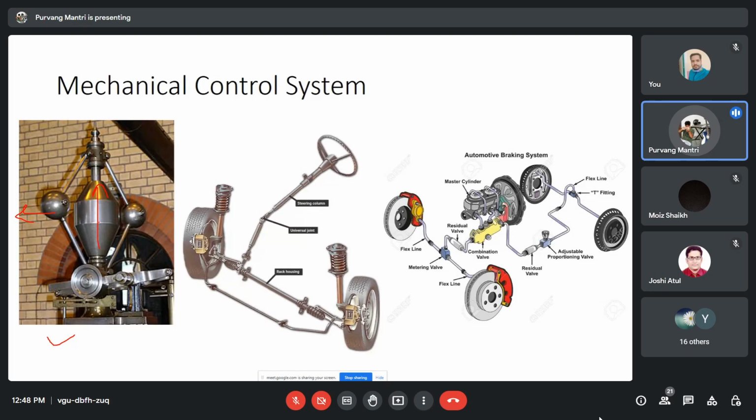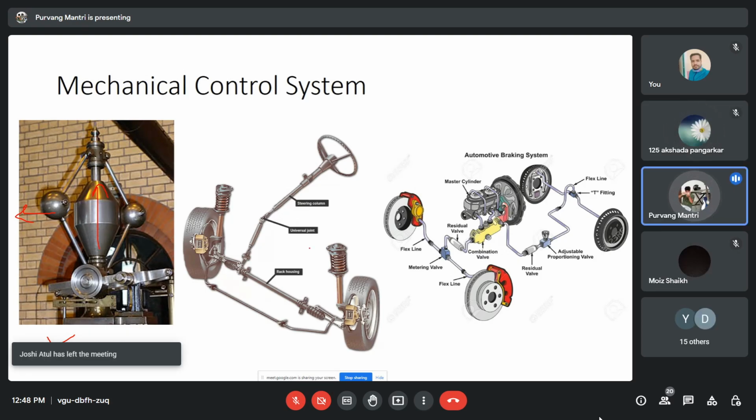Then similarly, we have the steering system. The steering system is of course a type of mechanical control system because the driver is turning the steering wheel, which in turn turns the front wheels by certain degrees. If you have ever paid attention while driving your car, you would have noticed that you are turning the steering wheel for almost 3 turns. Like if the wheels were pointing in the left direction, and you want to turn the wheels to the right, then you have to turn the steering wheel for almost three entire turns in clockwise direction.